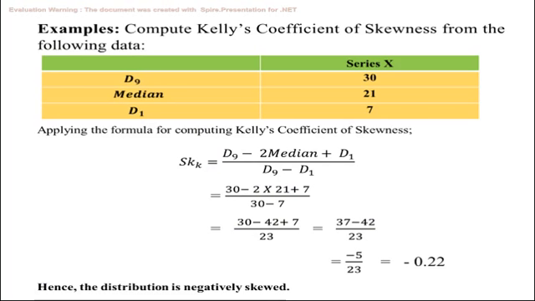Since in this question information relating to deciles is given, we will calculate Kelly's coefficient of skewness using the formula based on deciles: ninth decile minus 2 median plus first decile, divided by ninth decile minus first decile. By putting these values in this formula, we get minus 0.22. Hence, the distribution is negatively skewed.